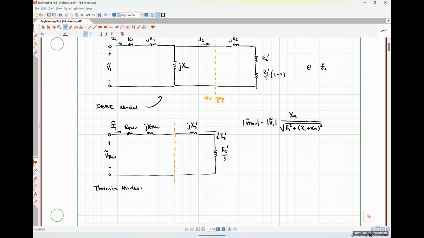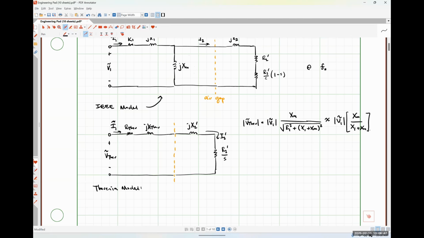All of that is underneath the square root sign, and this could be approximated as the magnitude of V1 times XM over X1 plus XM.